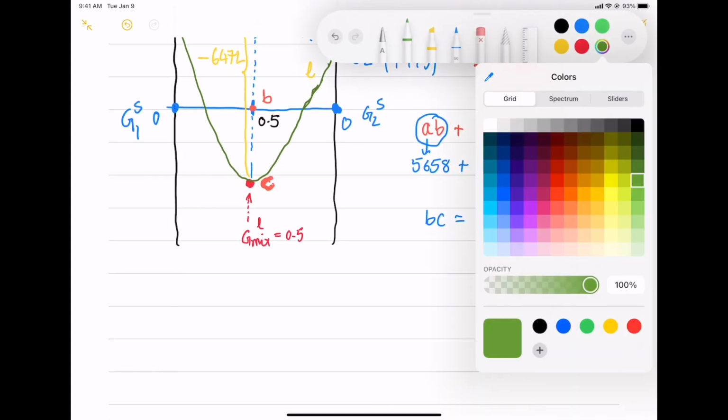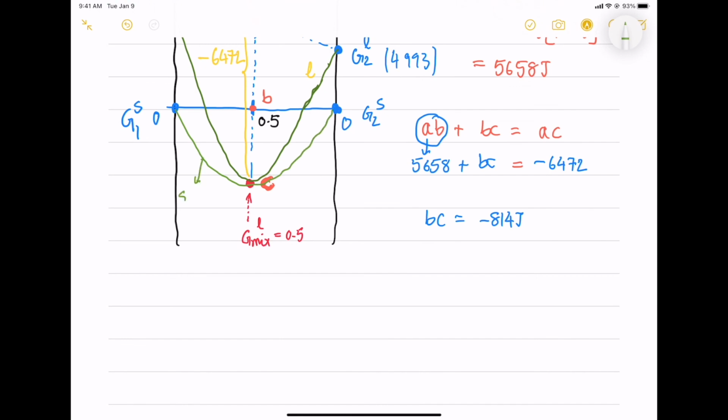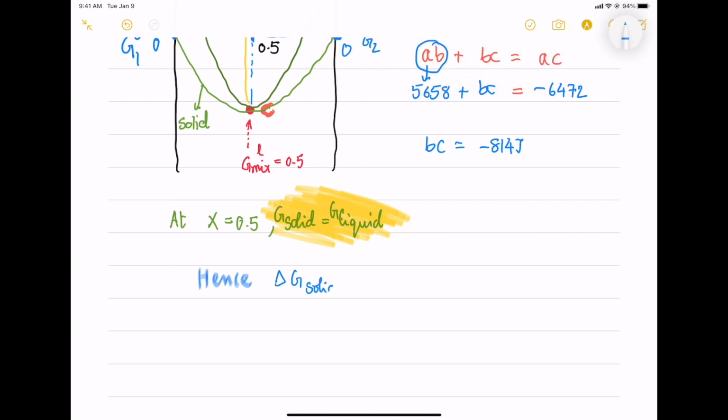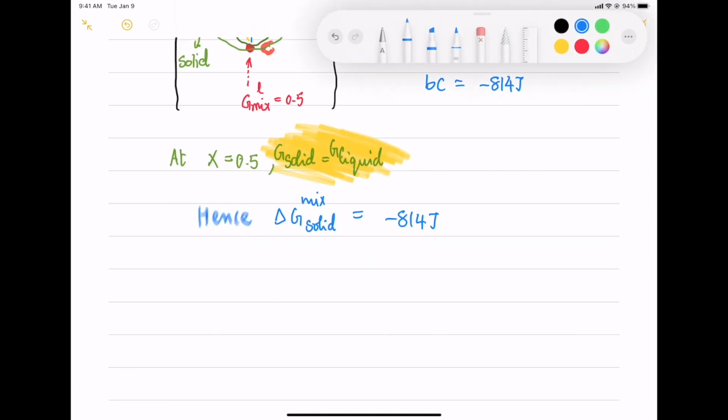So BC would be minus 814 joules. Also, we know that they have a common minimum at x equals 0.5. So the G of liquid and G of solid are equal there. Hence the delta G of solid mixing is minus 814 joules.